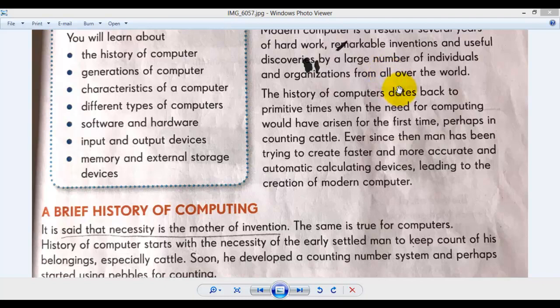So man has been trying to think of something more accurate for counting kettles. After that they invented a device, the first device, that is the abacus. Maybe more devices were developed in earlier days, but we didn't record them.